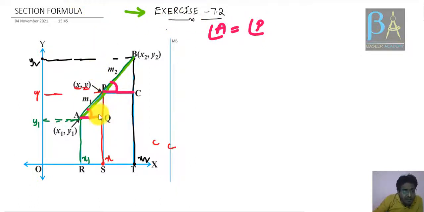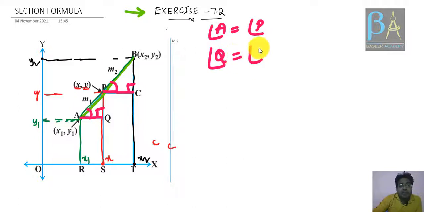In a similar manner, you can see here angle C is 90 degrees and angle Q is 90 degrees. So obviously angle Q and angle C, they are each equal to 90 degrees. So now these two triangles that you see here, triangle PCB and the triangle AQP, they are similar to each other under angle similarity criteria.